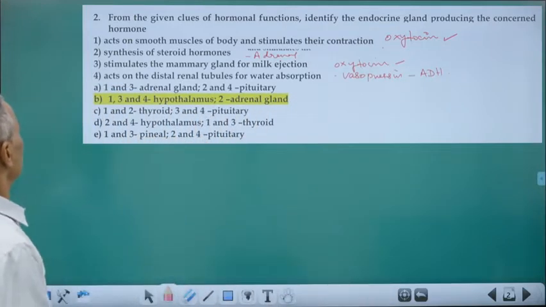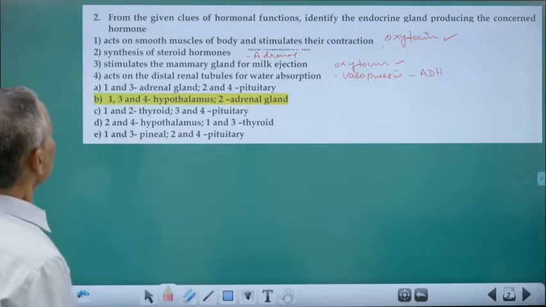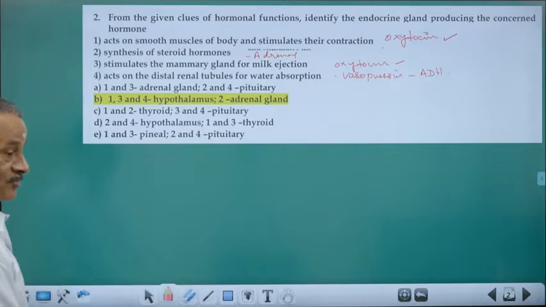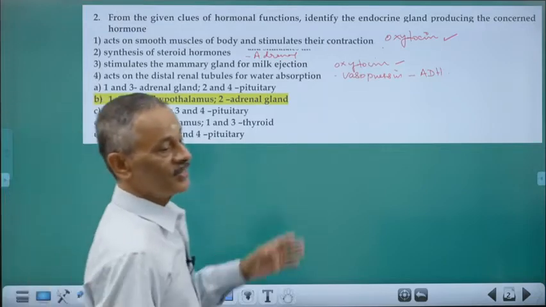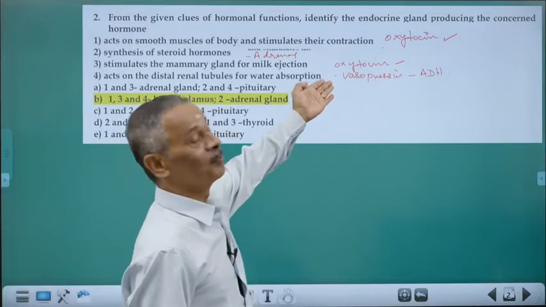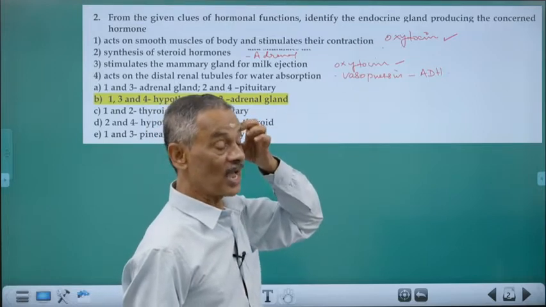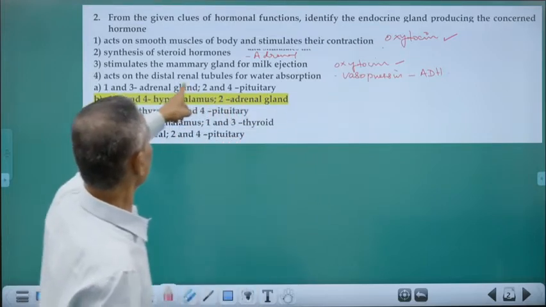So 1 and 3, oxytocin. Then act on distal tubules for water reabsorption. That is ADH. So oxytocin, vasopressin. These are the two hormones that are produced by the hypothalamus and released by the posterior pituitary.